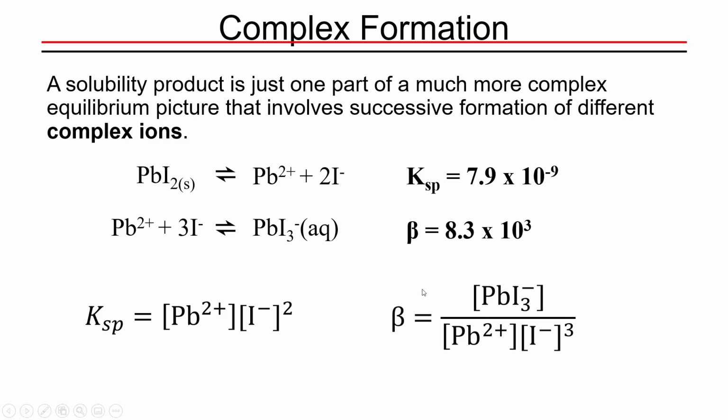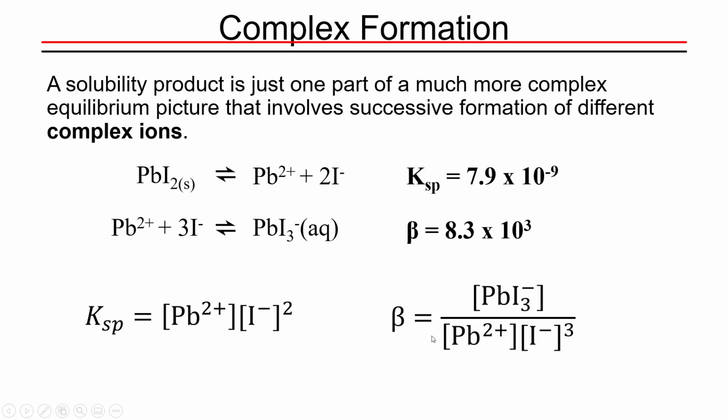There is another type of equilibrium constant that we can use to describe this reaction, which is mostly a note-keeping or terminology thing, where we can also treat the formation of the complex ion PbI3 minus as 1 mole of Pb2 plus reacting with 3 moles of iodide to form this directly.